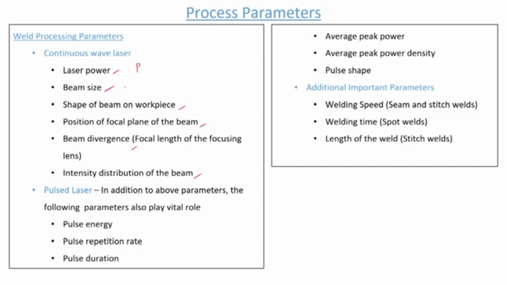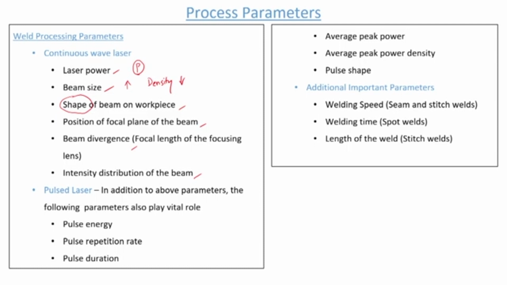So, if the beam size is more with constant power, then the density would be low. Then the shape of the beam on the workpiece also influences the process. We can have a circular shape of the interaction or a square shape. It is based upon the focal lengths or the optical instrumentation that is getting used.